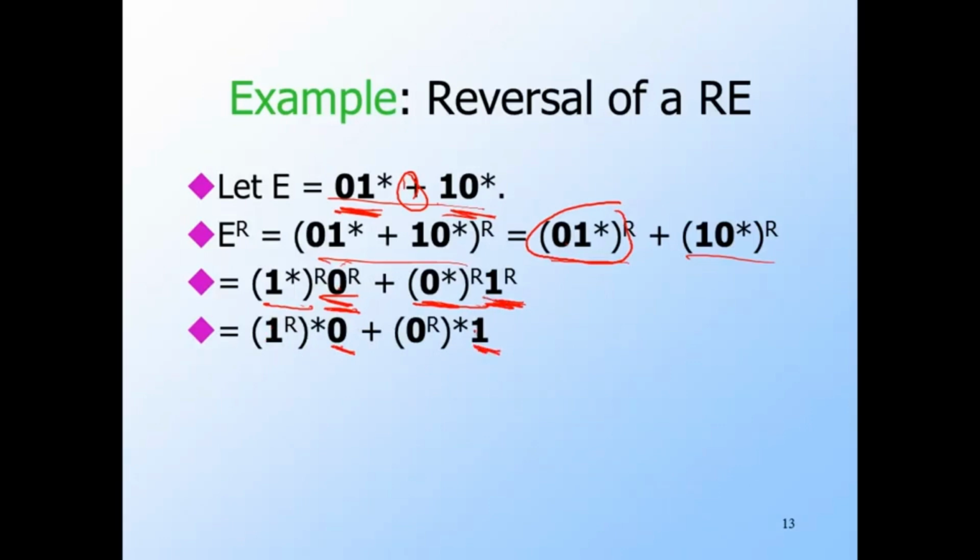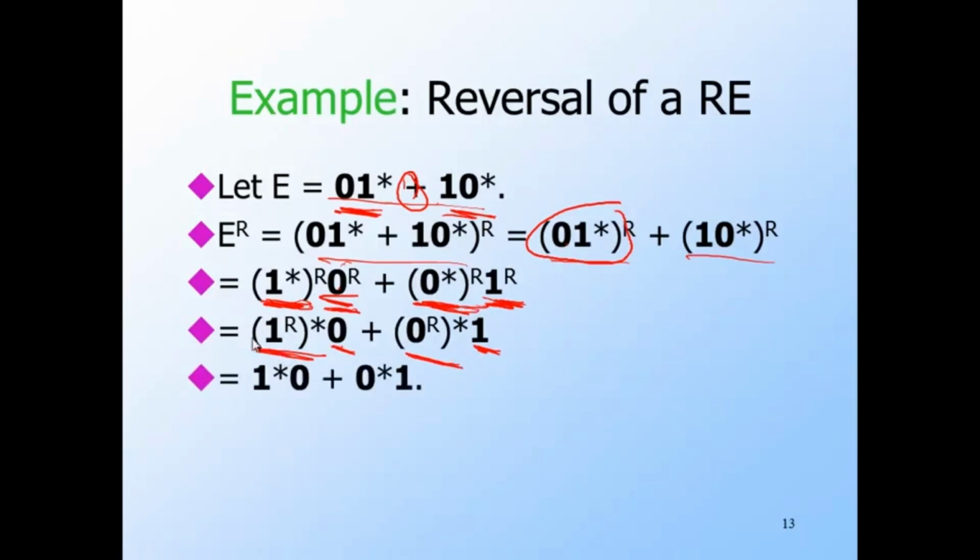That is, the reversal of this 0 is just that 0, and the reversal of 1, again, is just that 1. Also, the reversal of 1 star is the star of the reversal of 1. That's that. And similarly, the reversal of 0 star is the star of 0 reversed.